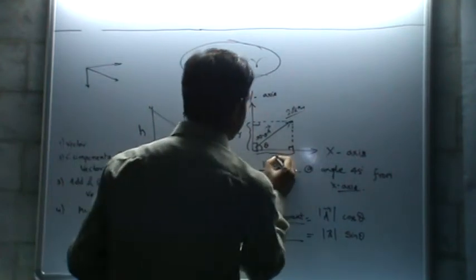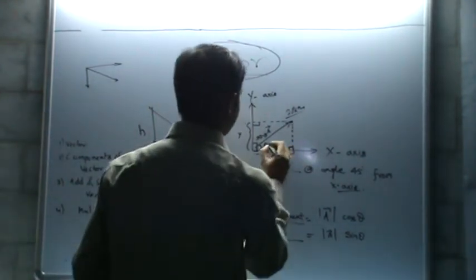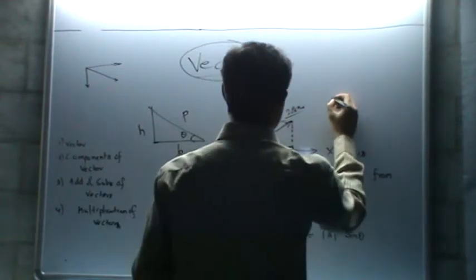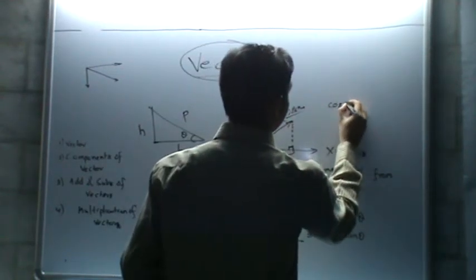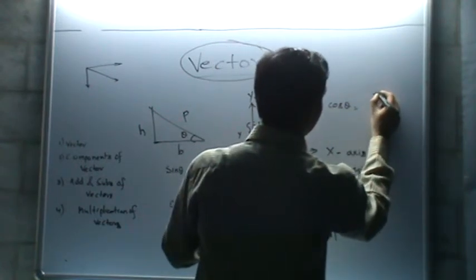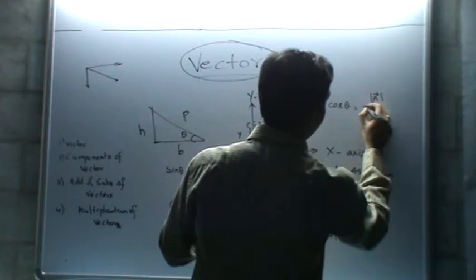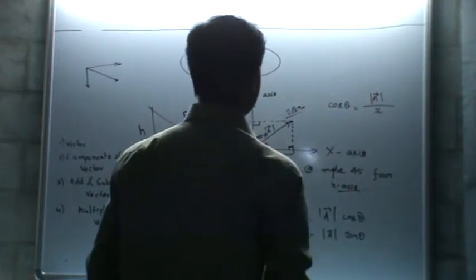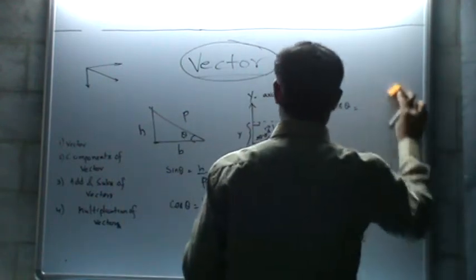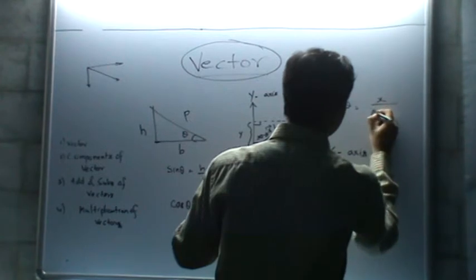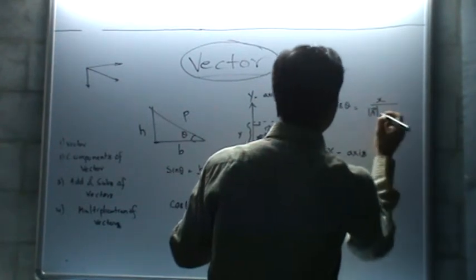See, say this distance is x, and this one is a, which I have shown. So cos theta equals x divided by magnitude a. Sorry, I wrote it opposite. Cos theta equals x divided by magnitude a, right?